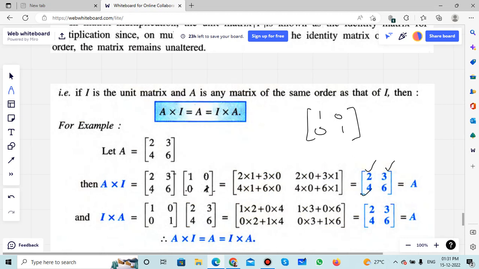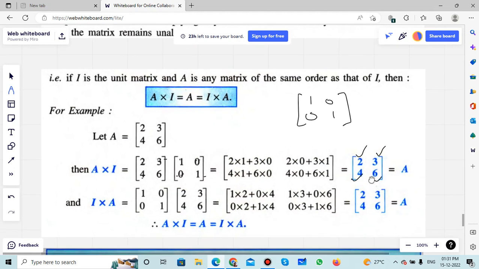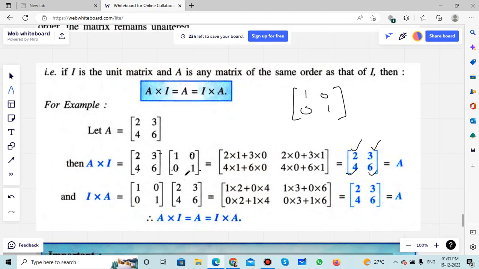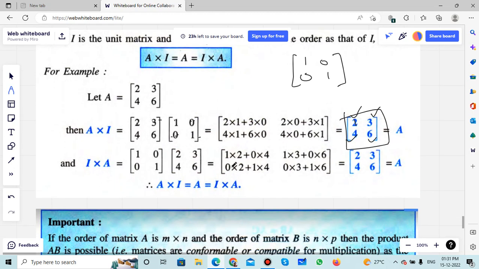Now 4 into 0, 0, and 6 into 1, 6. So it is 6 here. If you multiply with any unit matrix, you will get the same matrix. You can see 2, 4, 3, 6, same thing, right?